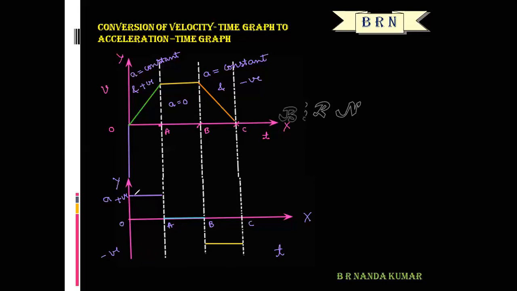Here the acceleration is constant and positive, and here the acceleration is constant but negative. But from A to B, acceleration is equal to 0. So this is the conversion of the velocity-time graph to the acceleration-time graph. Thank you.